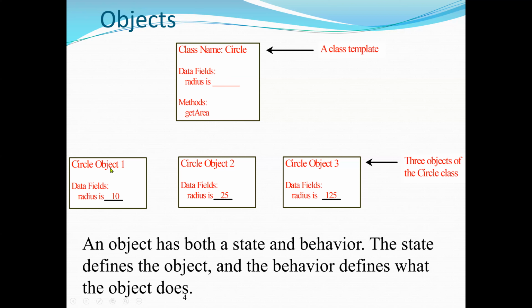Our first object name is object 1. We can see how we declare it: we say the data type is Circle, the name of the object is object 1, then we assign the radius to it, which is 10. For the second object, the radius is 25, and for the third object, the radius is 125.